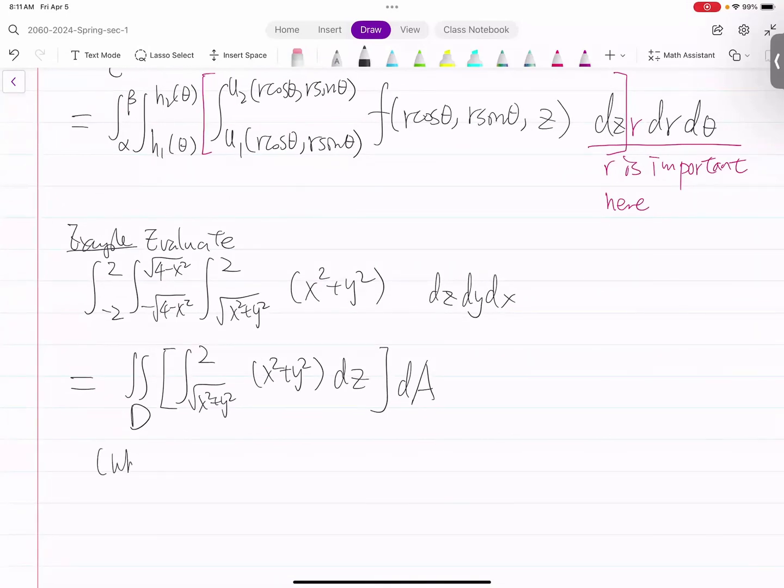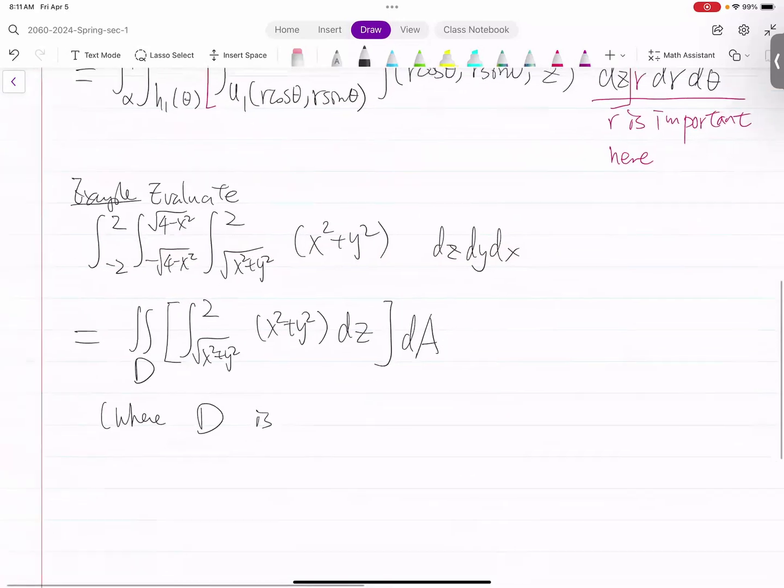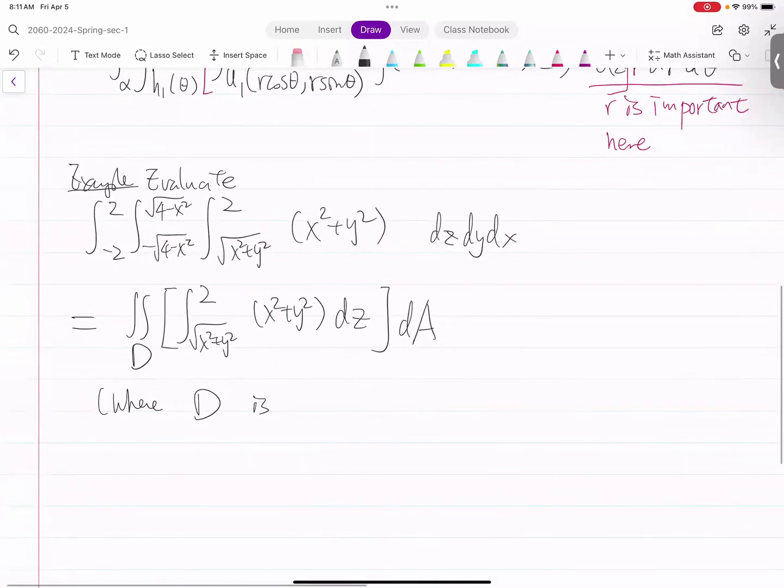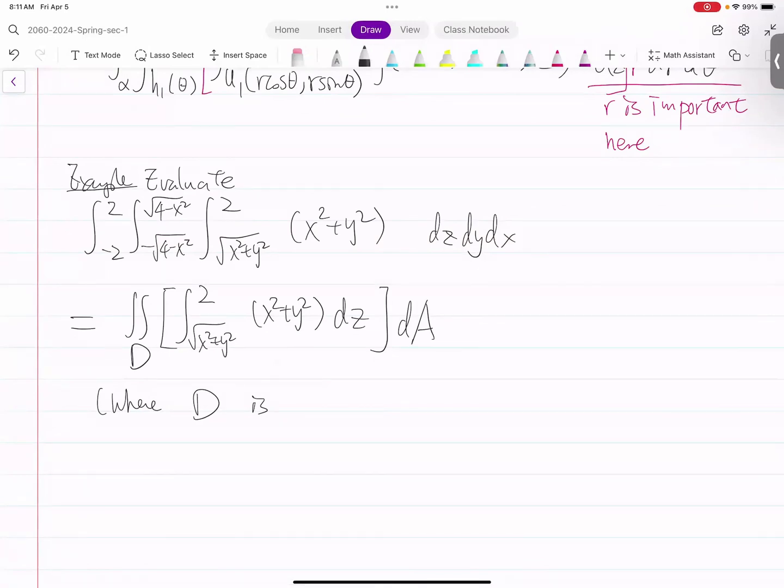Here, the upper and lower bounding functions in terms of y are plus and minus the square root of 4 minus x squared. If we square both sides, we have y squared equal to 4 minus x squared. So that's indeed a circle.